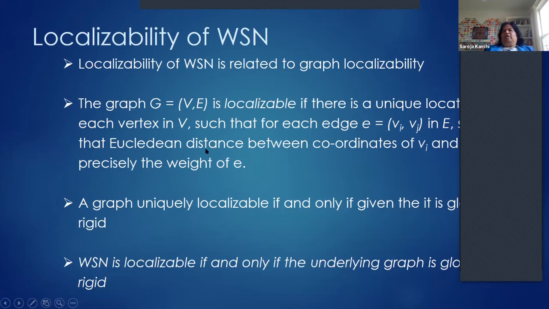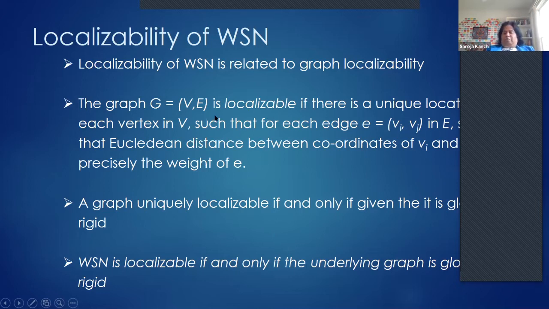Now, we really don't know where these sensors are located, and our job is to find the exact location of these sensors given this abstract information of a list of sensor nodes and possible edges between some of them. So localization of a wireless sensor network turns into the unique localizability of this graph with the given vertices and edges.